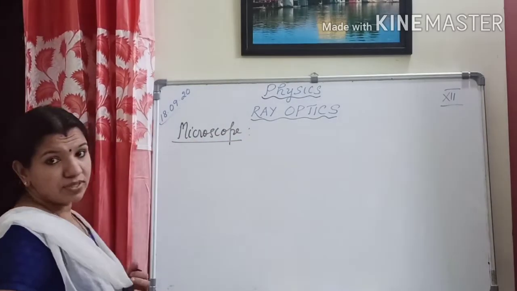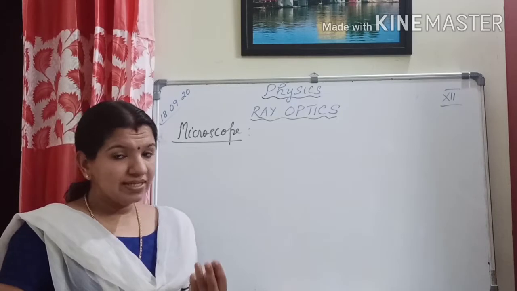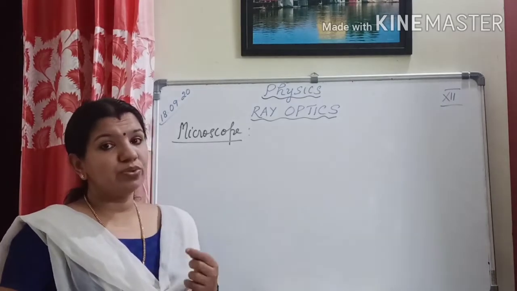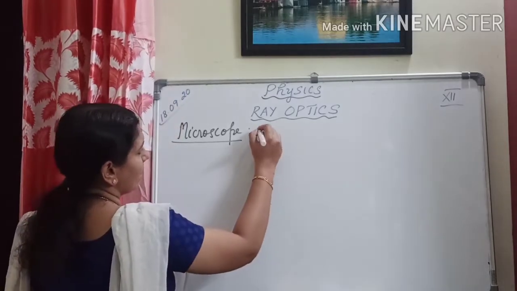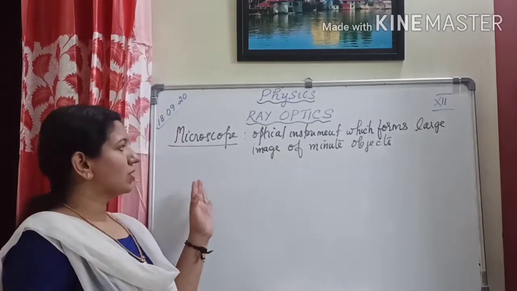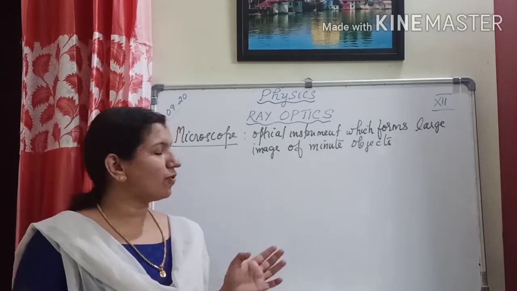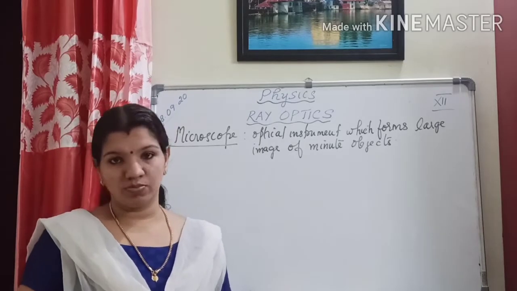So what is a microscope? Microscope is a device used to view very small objects clearly, or used to magnify the small objects. So a microscope is an optical instrument which forms a large image of minute and close objects.